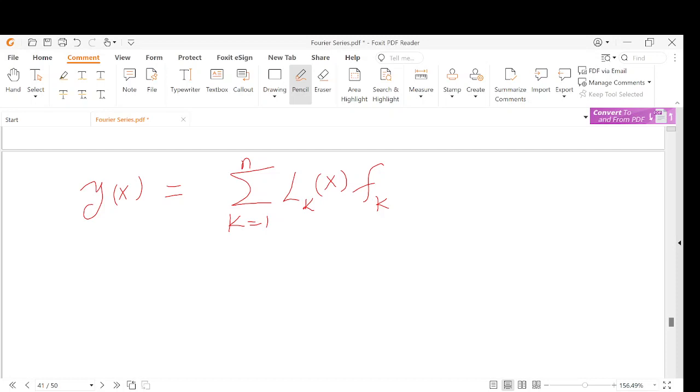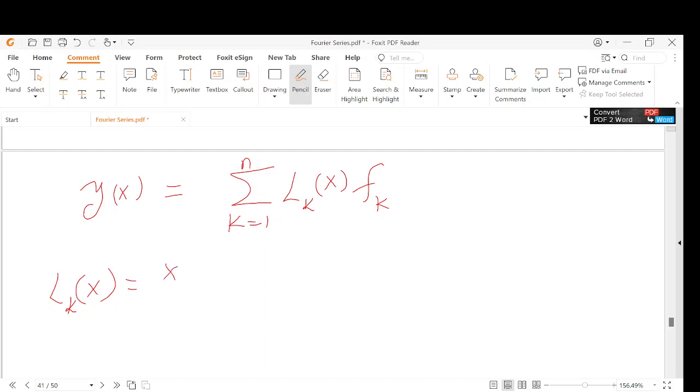K here takes the integer values 1, 2, 3, 4, and so on up to n. So that for fk we have f1, f2, f3, all the way up to fn, as we have in the above table. Now, lk here, we call them the fundamental polynomials.